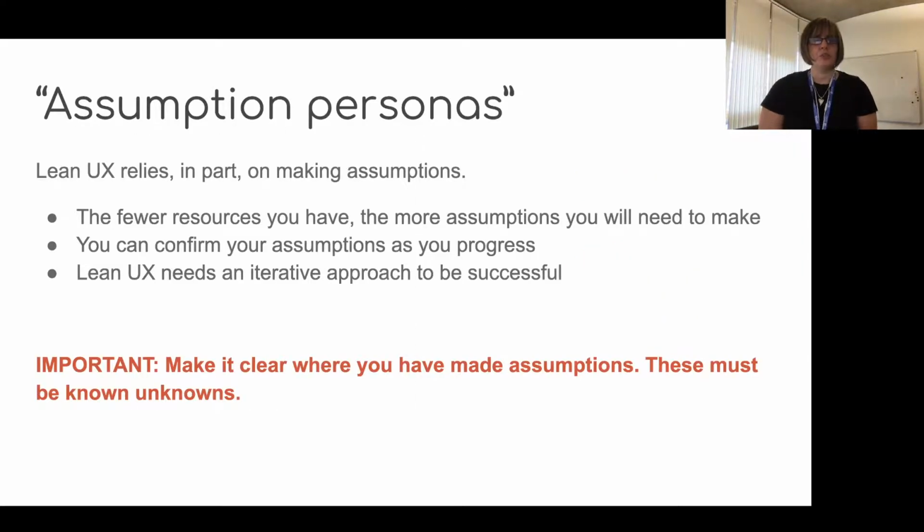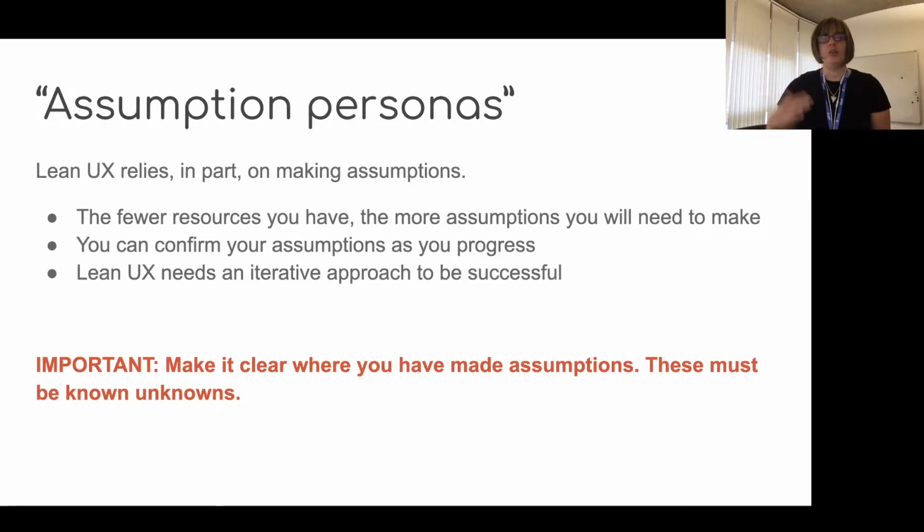These are sometimes called assumption personas. So Lean UX relies in part on making assumptions. So the fewer resources you have, the more assumptions you need to make. And then you iterate on those assumptions to confirm them or deny them as you progress. So Lean UX needs that iterative process to be successful.